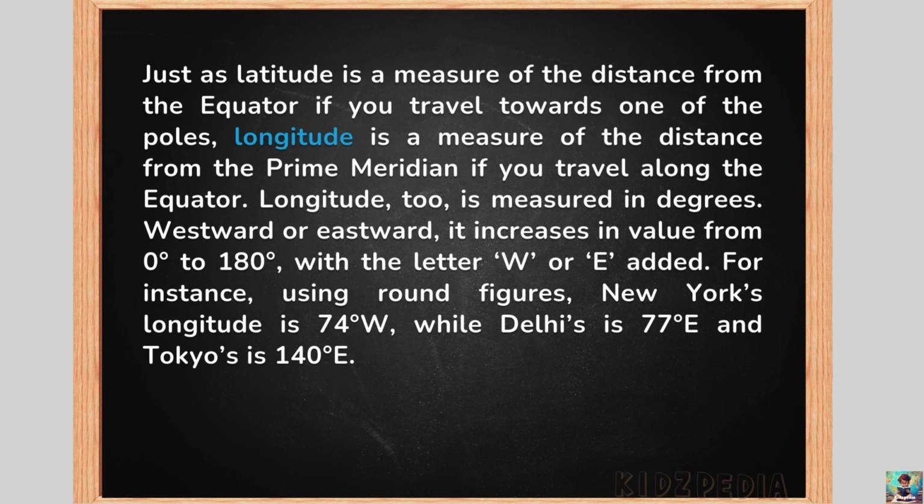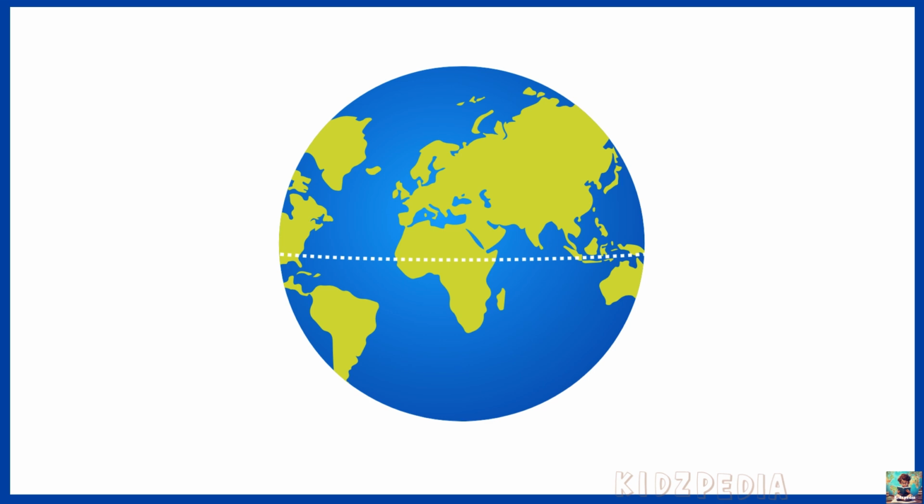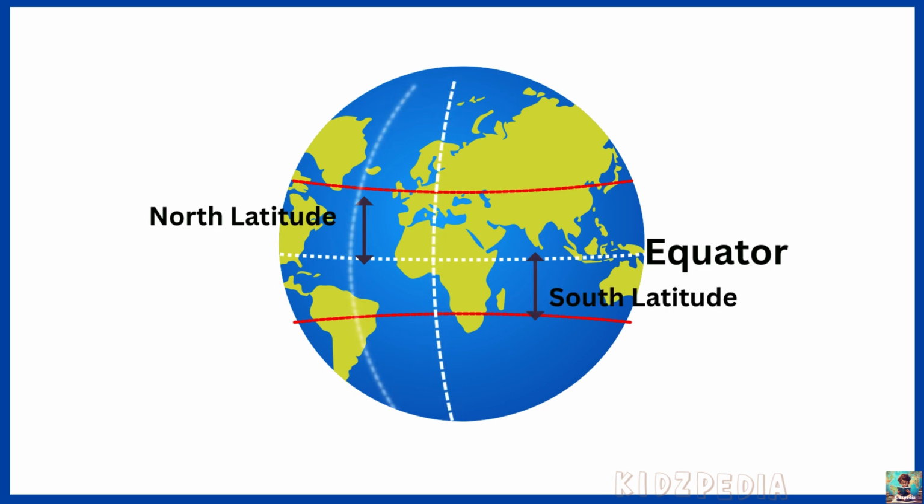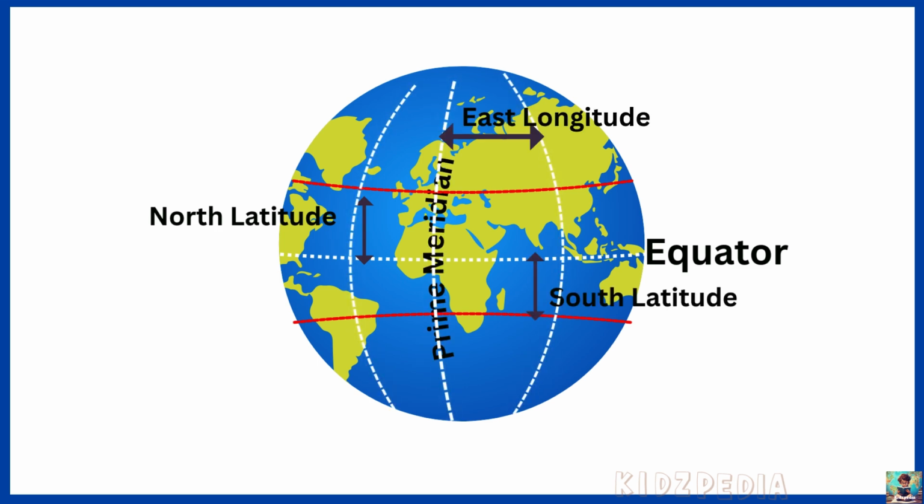For instance, using round figures, New York's longitude is 74 degree west, while Delhi's is 77 degree east and Tokyo's is 140 degree east. So just like latitude measures how far you are from the equator when you travel north or south, longitude measures how far you are from the prime meridian when you travel east or west.